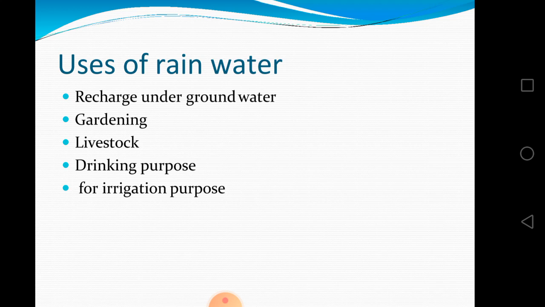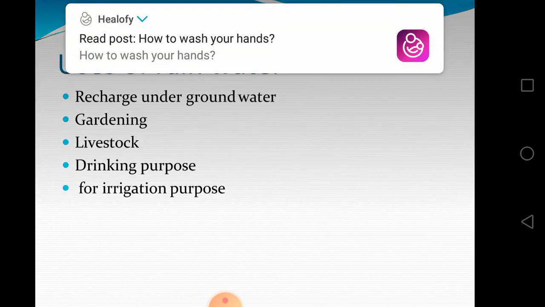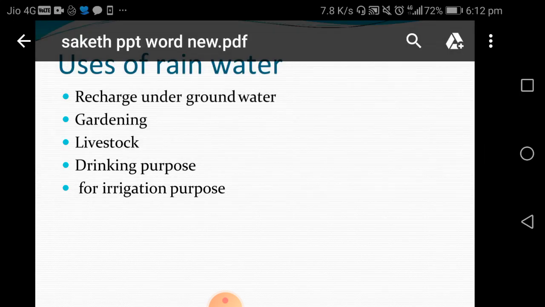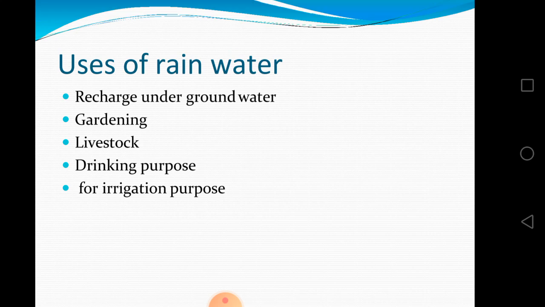And gardening, in gardening also we can use that water, and for livestock, for animal baths, or for washing and other daily-use purposes.